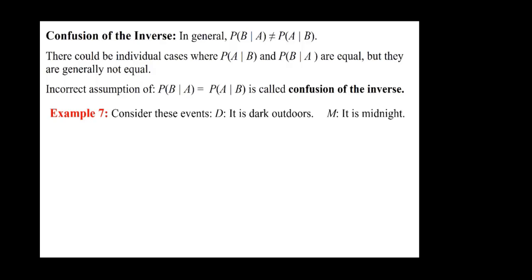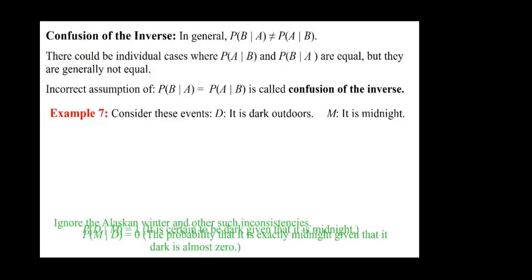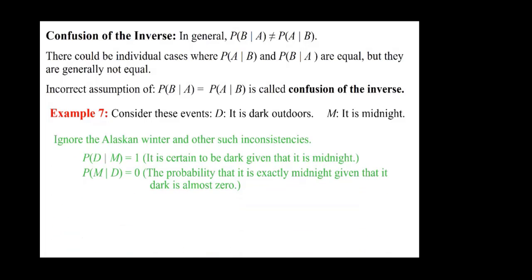Let's look at this example. Consider these events. D represents it is dark outdoors, and M represents it is midnight. So let's look at the conditional probability of D given M and M given D as an example and see how that works. Take a look at this explanation. We are ignoring inconsistencies.